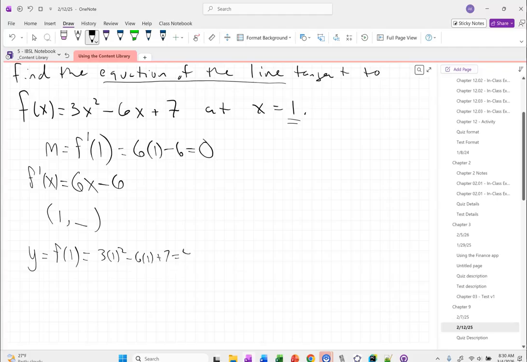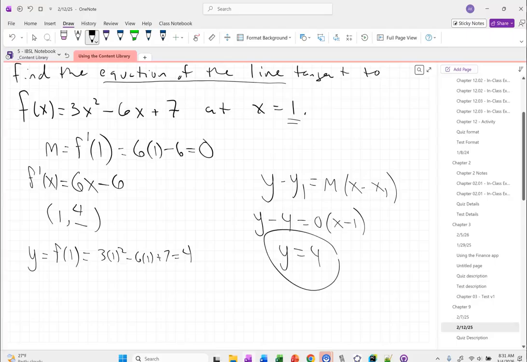So what I have there, 4. So my point is (1, 4). I have a point and a slope. Which equation for a line should I use? Point slope. Yay. When I simplify it down, I just get y equals 4.